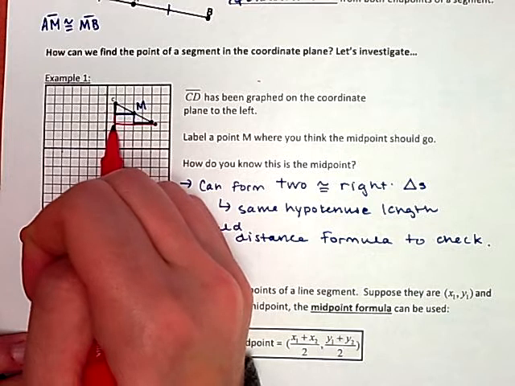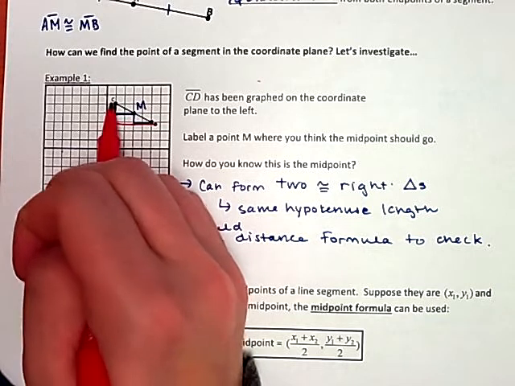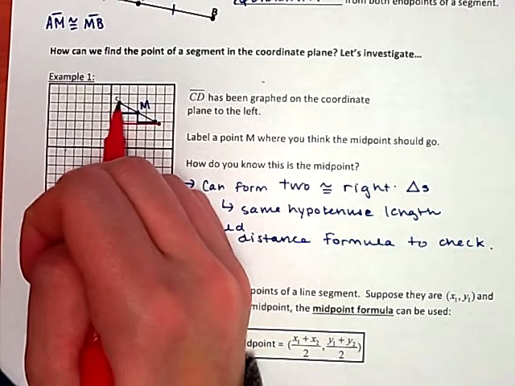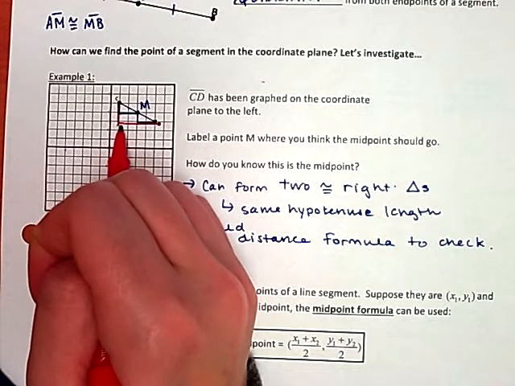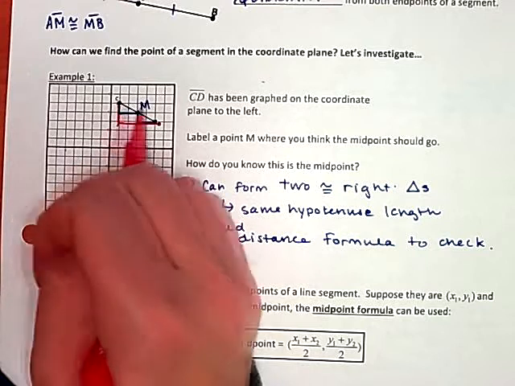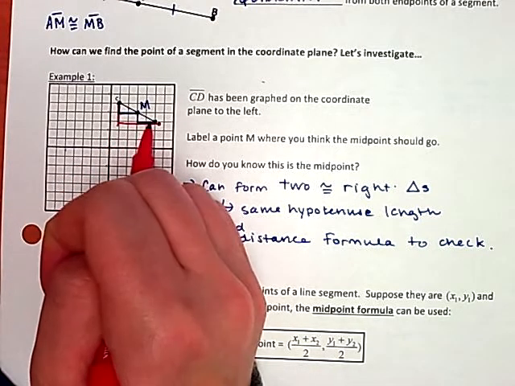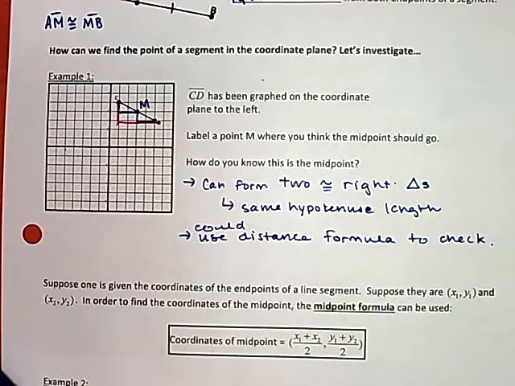So essentially we did half the vertical distance. I may have said x, but I meant y. Half the vertical distance from C to D, so that would just be going down 1 instead of going down 2. And similarly, half the horizontal distance. The horizontal distance from C to D is 1, 2, 3, 4. So instead we're going to split 4 in half and get 2.